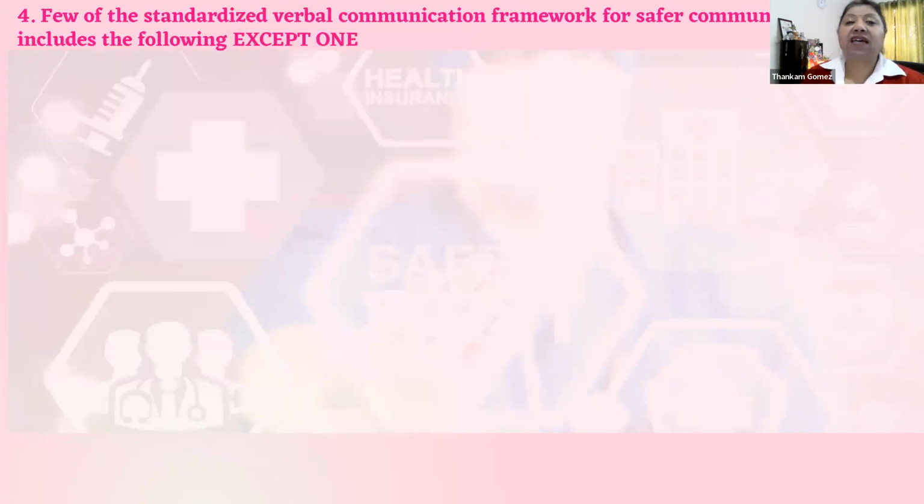Now, few of the standardized verbal communication frameworks for safer communication include the following, except one. Now, there are evidence-based communication tools available that one can learn, because the domain of communication is very large. So it is not about learning the theory of communication, that there is a sender, there is a receiver, and there is a decoding that is happening in between.